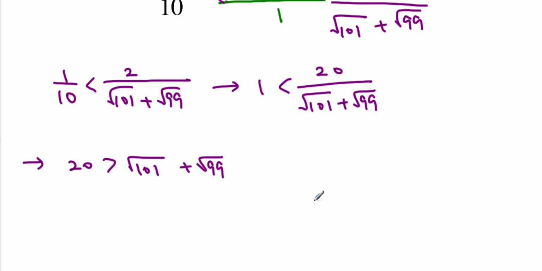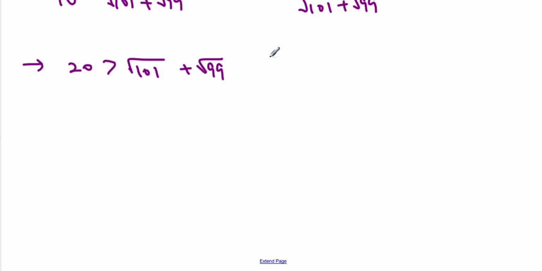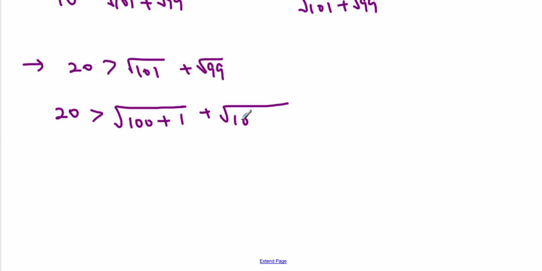But 101 and 99 are so closely related to 100. So if I rewrite this, 20 is greater than square root of 100 plus 1 plus the square root of 100 minus 1. Since all values are positive, even if I square each side, the inequality sign wouldn't change.